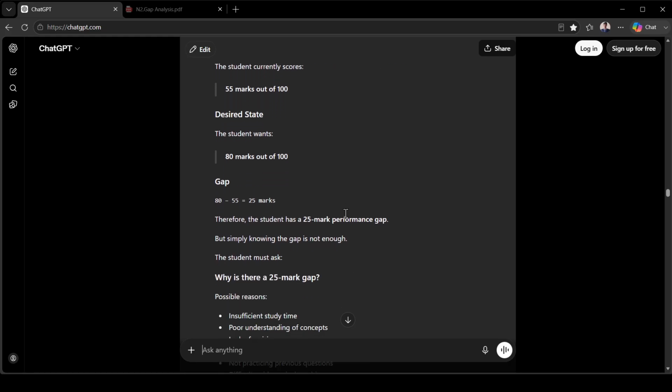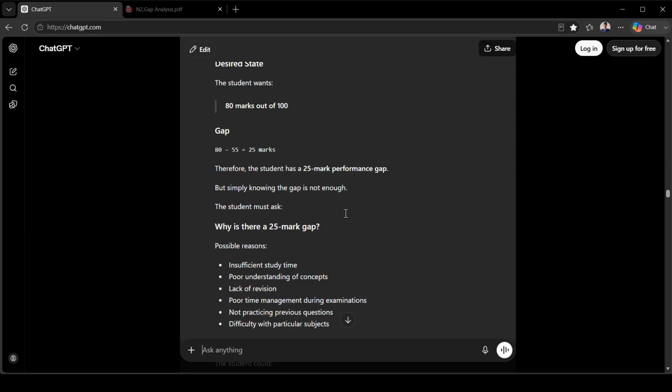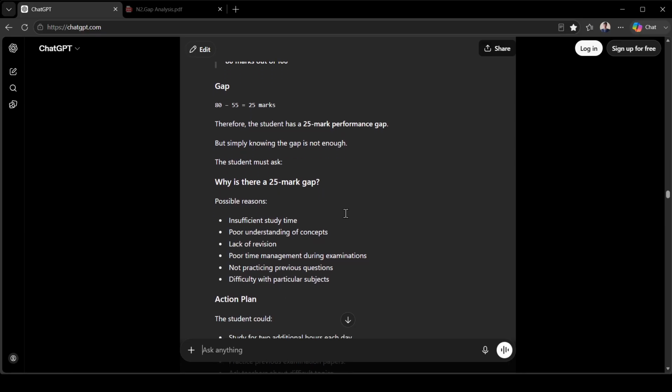But knowing the gap is not enough. The student must ask why there is a 25 mark gap. Possible reasons: insufficient study time, poor understanding of concepts, lack of revision, poor time management during examination, not practicing previous questions, difficulty with a particular subject.